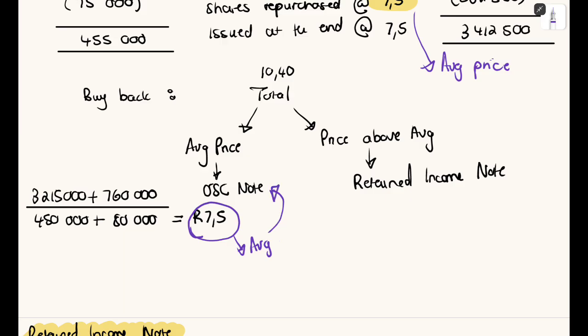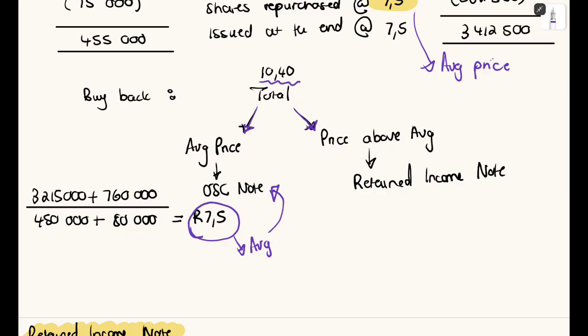But then remember, with our shares repurchased, we have a total amount that we're going to pay over to whoever we're buying the shares back from, and that total amount is split into my average price, which I just calculated, which will go to my ordinary share capital note, and my price above average, which will go to my retained income note. My price above average is simply whatever is remaining after I've deducted that 7.50.